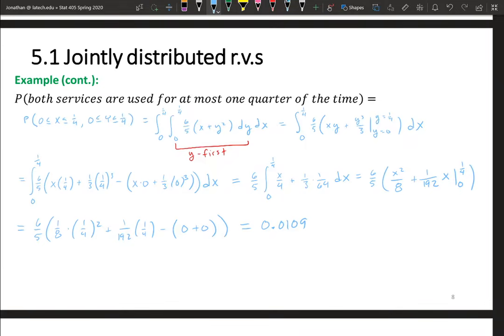Now, if it's non-constant bounds, you have to be very careful when you change the order of integration because you also have to change the bounds of integration. So no, it doesn't matter. As long as you have constant bounds, you can just change the order of integration. So if you wanted to do x first here, that's more than okay. Definitely.